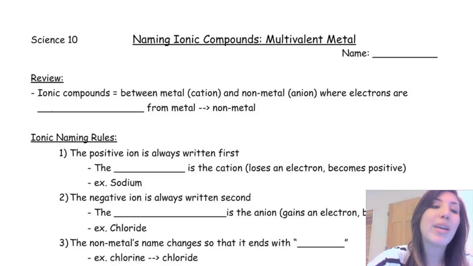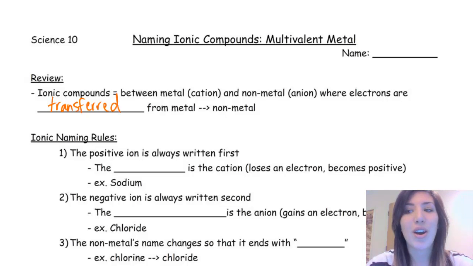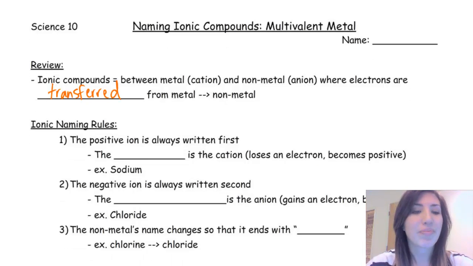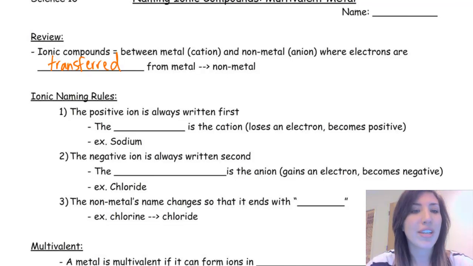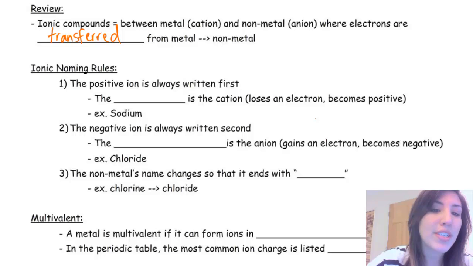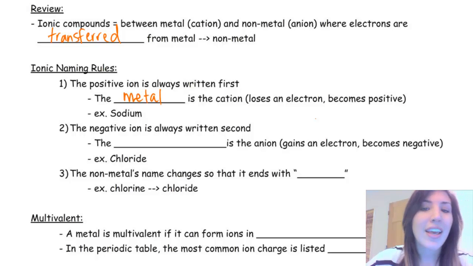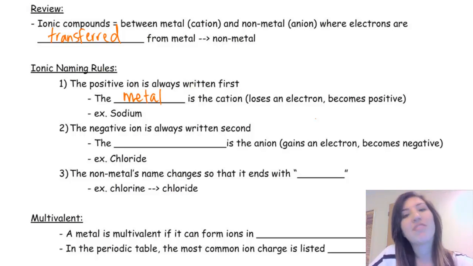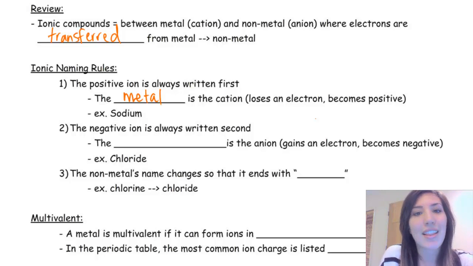So here we're talking about the transfer of electrons from the metal to the nonmetal anion. Now there are a few rules for naming. The positive metal is always written first, and the metal is positive because it loses an electron.